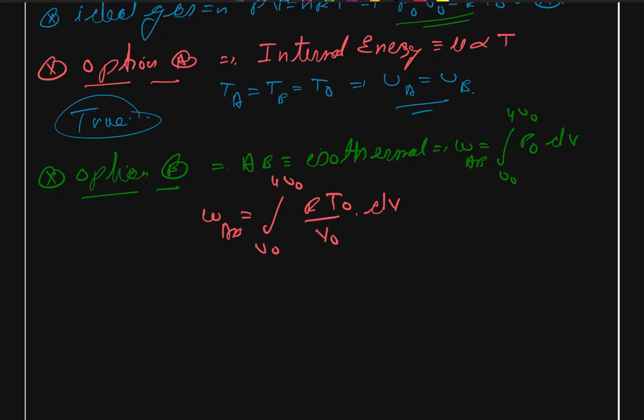We can change this into dV by V because of the substitution, so this becomes a natural log of V. So this will be R T naught natural log of V, and the limits go from V naught to 4 times V naught.